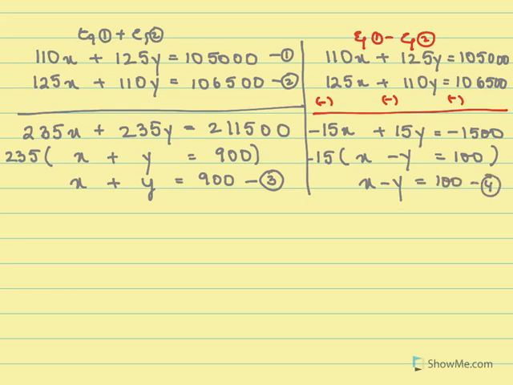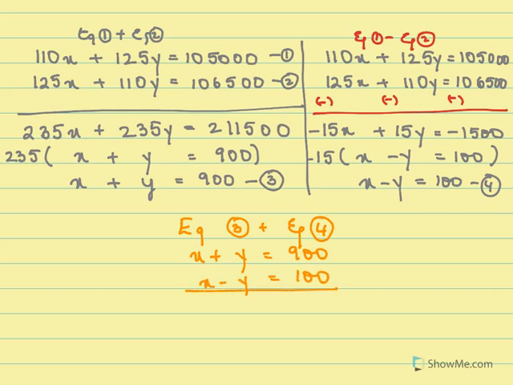This is equation 4. Now both the equation 3 and 4, I will add them. Equation 3 plus equation 4. So I have x plus y equal to 900, and here x minus y equal to 100. This cancels out. 2x equal to 1000, x equal to 1000 over 2, and that is 500.